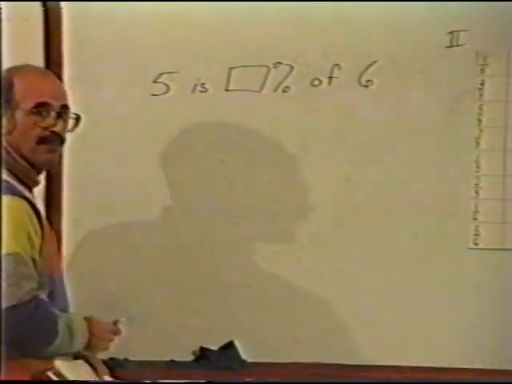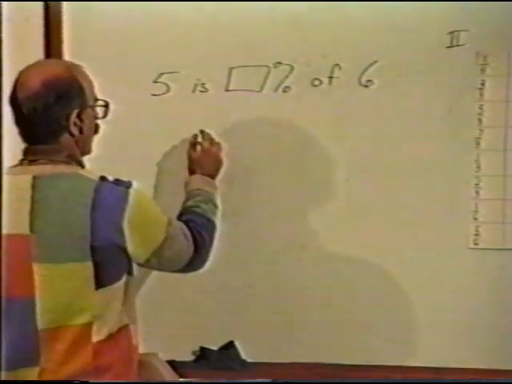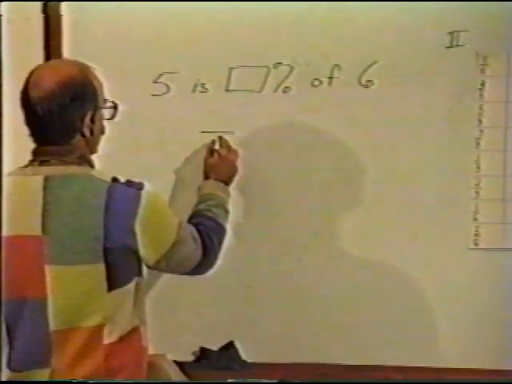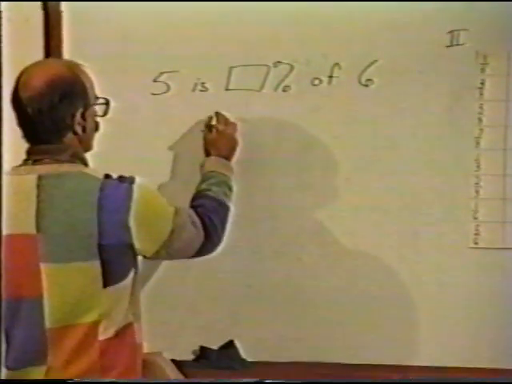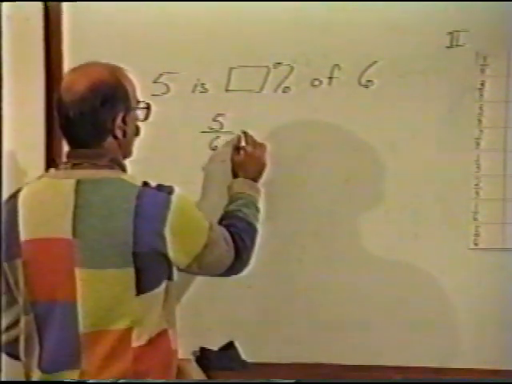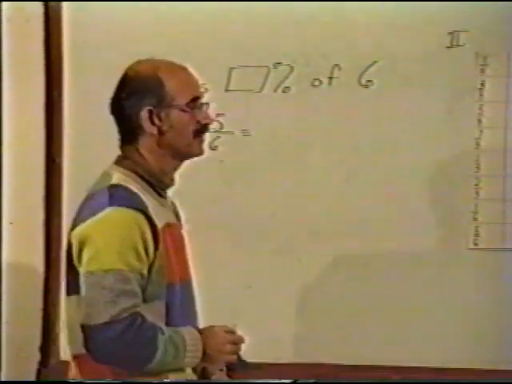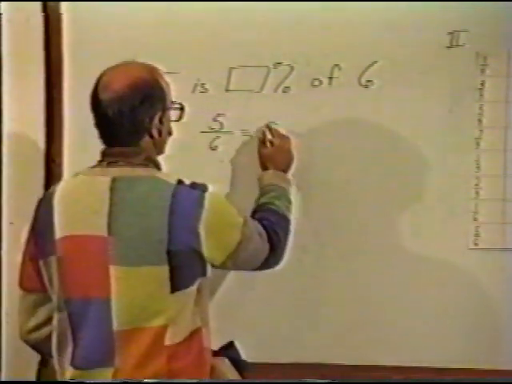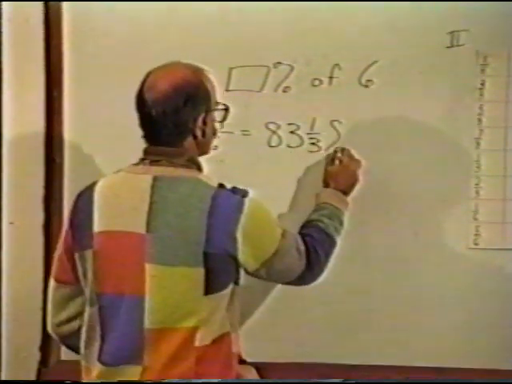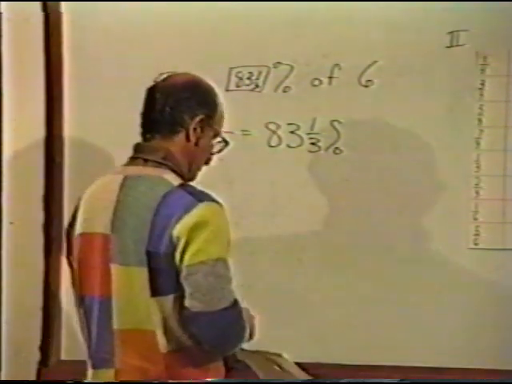On type 2 problems, we have to make a fraction. Which number should I put on the bottom of my fraction? 6, because it comes after the word of. So we have 5 sixths, and what does that equal as a percent? 83 and 1/3%, which is one of your memory percents.